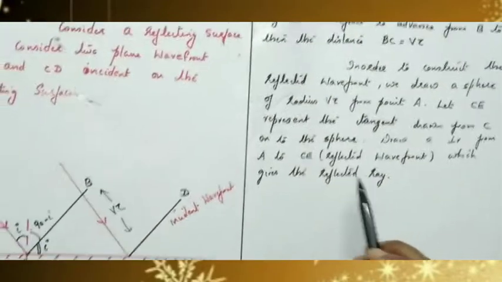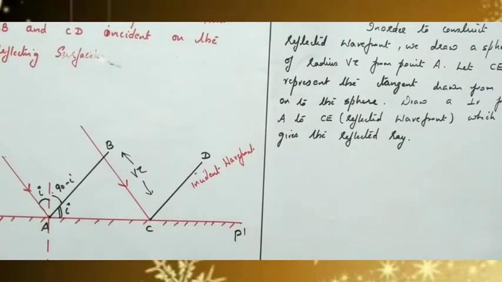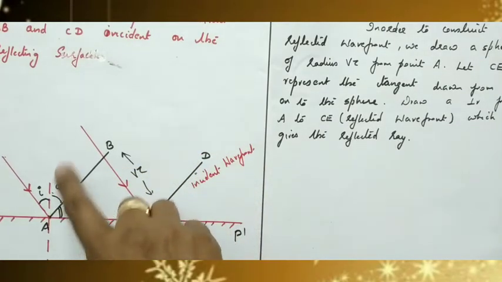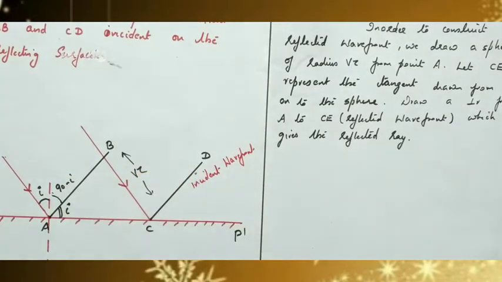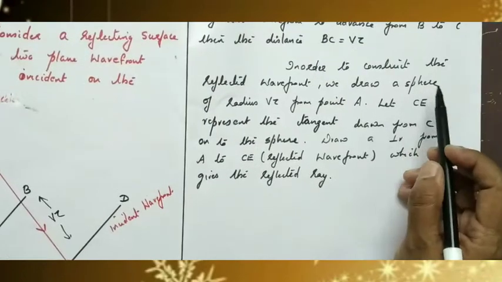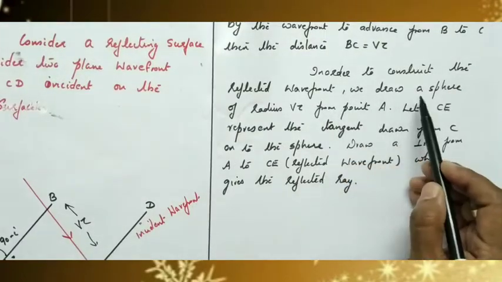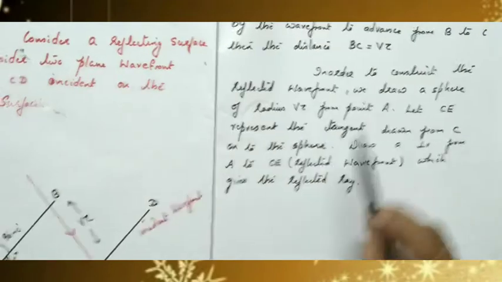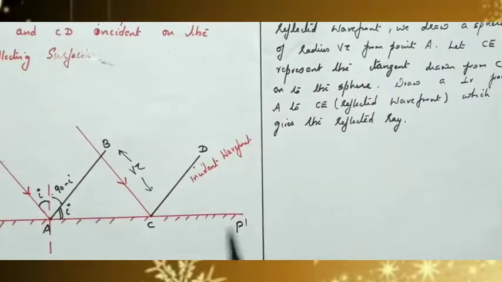Now taking this V tau as radius, we draw a sphere from the point A on the reflecting surface. In order to construct the reflected wavefront, we draw a sphere of radius V tau from the point A. Huygens principle is based on pure geometric construction.